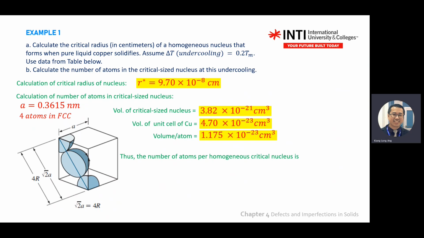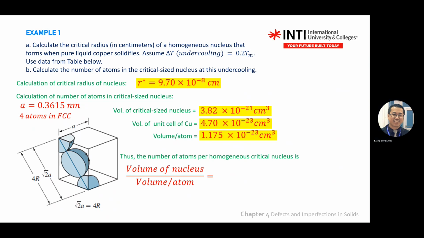So the number of atoms per critical size nucleus under this undercooling, you take the volume of the nucleus that you form, divided by the volume per atom.